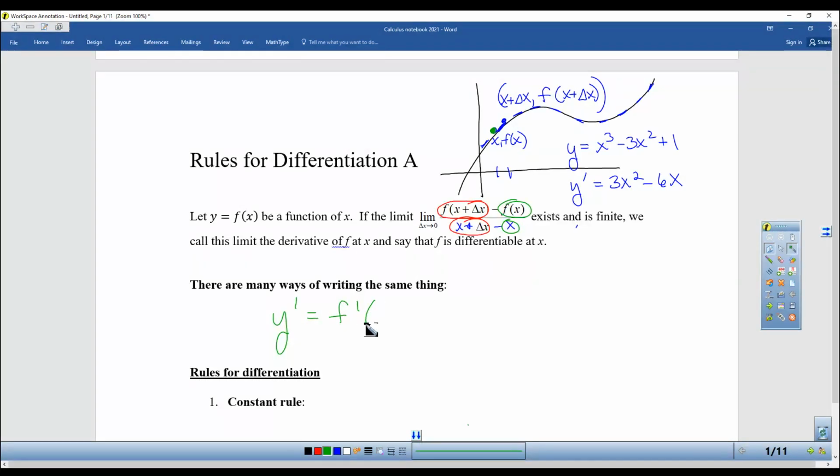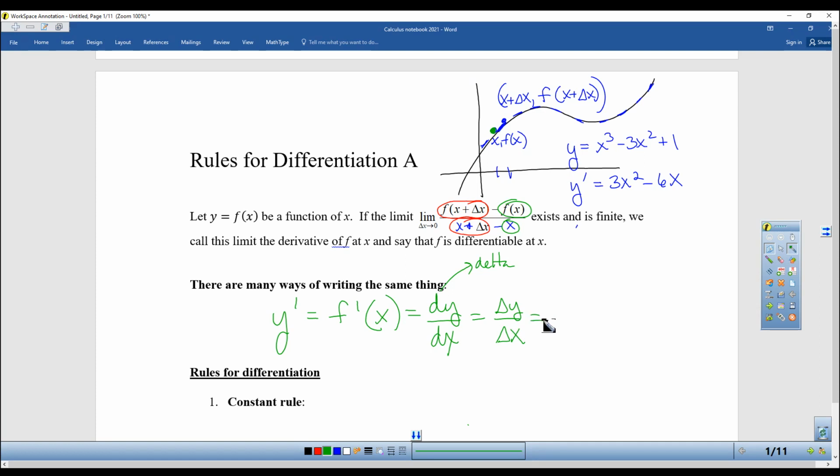But sometimes, just like sometimes we like f of x versus y, we like f prime of x versus y. We're also going to use dy dx. That d is for delta, not derivative. It's really delta y over delta x, which is the formula for slope, okay?